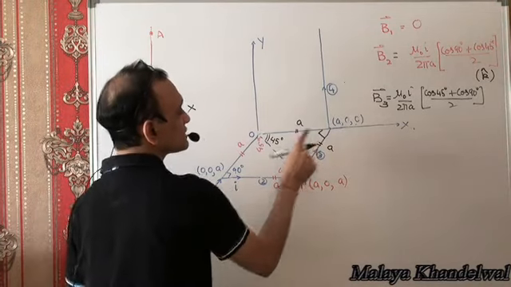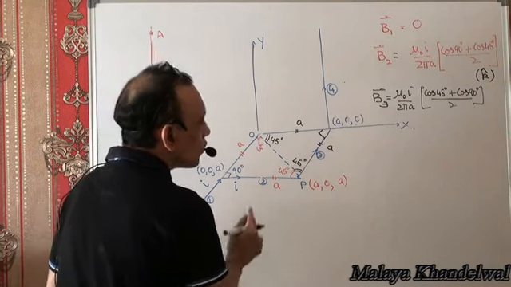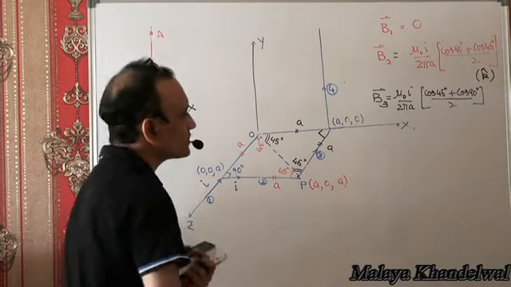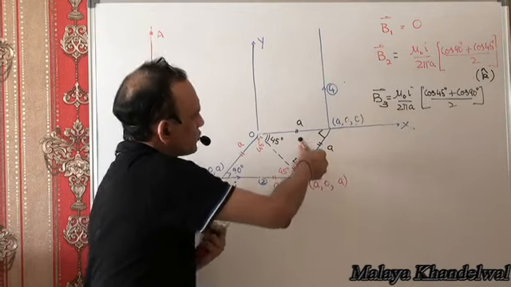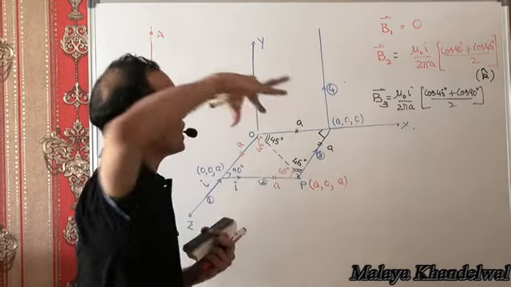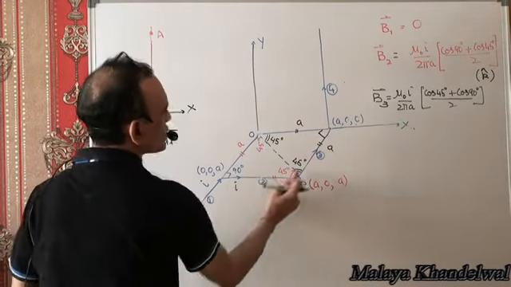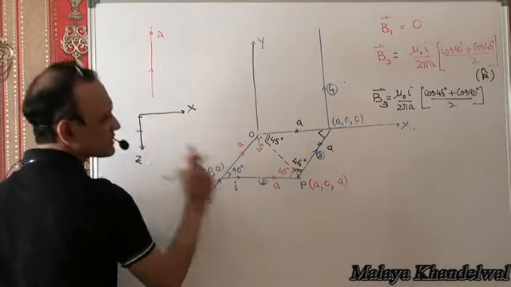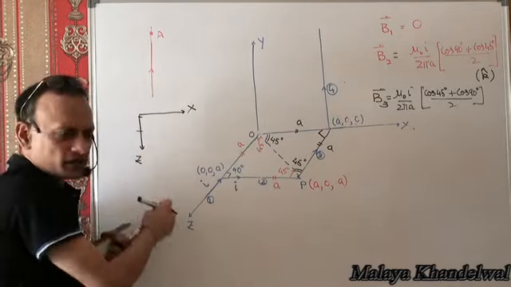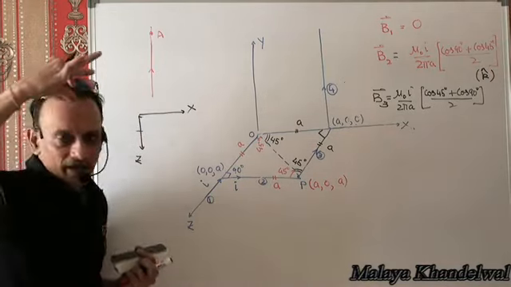dL is like this. R is like this. So what is my dL cross R? Do you want to believe that dL cross R would come out of the plane of the board? This is a wire in the XZ plane, so I'm drawing the XZ plane like this, and Y comes out.